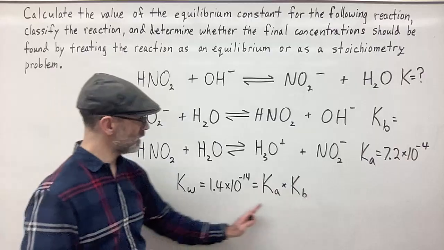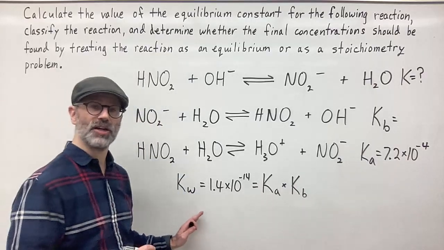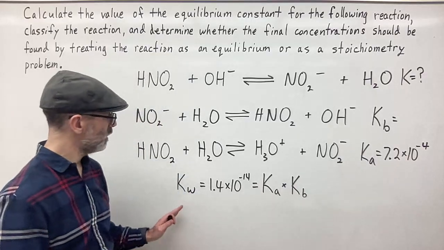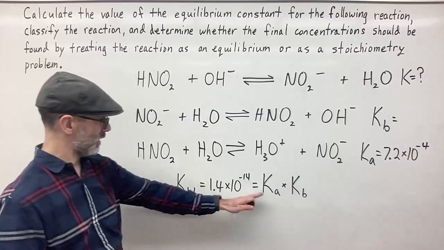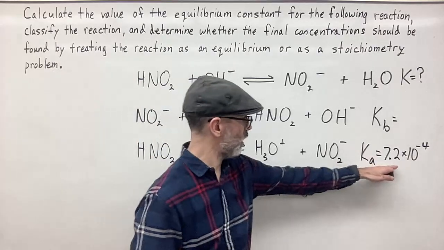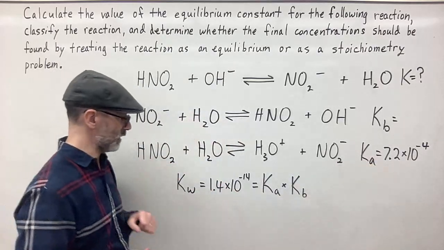So these are a conjugate acid and base pair of each other, and this relationship holds between conjugate acids and bases. I can plug in the Ka value for nitrous acid here.